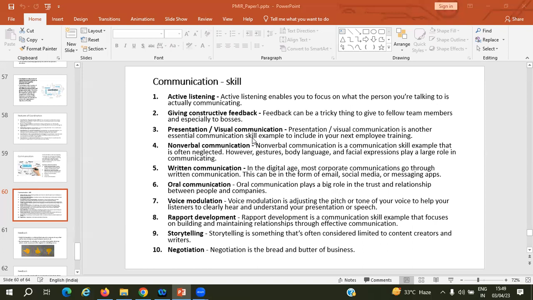Storytelling is often considered limited to the content creator and the writer. You have to make sure what content you have to deliver.